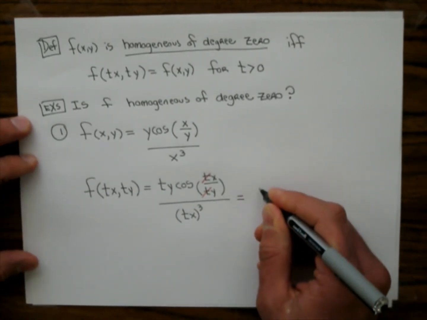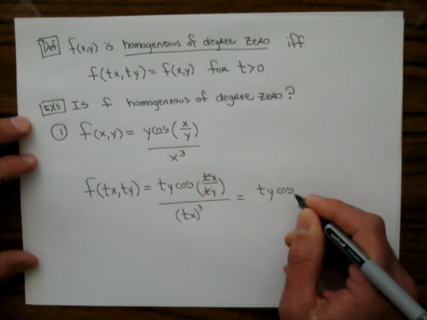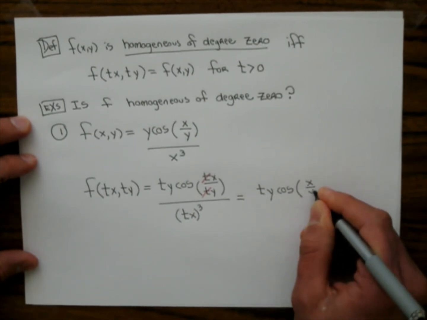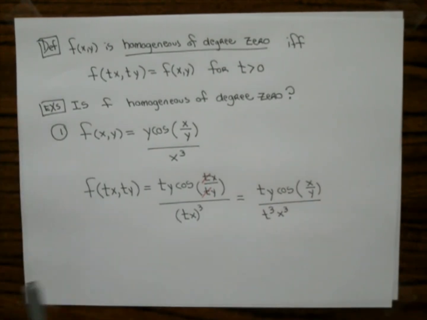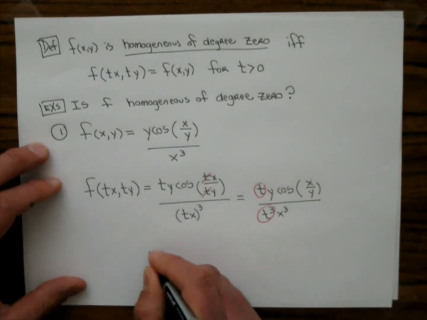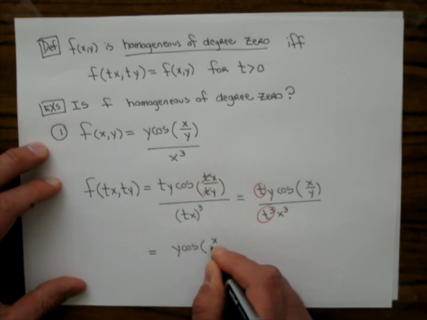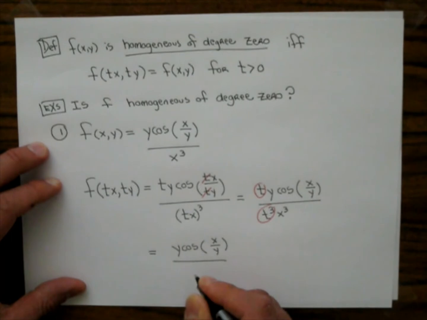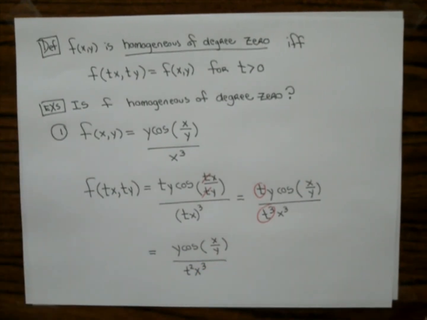We end up getting t y cosine of x over y, over t cubed, x cubed. And here we're going to have some reducing. We'll end up getting y cosine x over y, and on the bottom we have t squared x cubed. And so that's what we have for this.